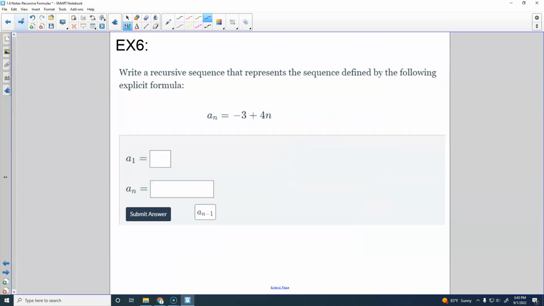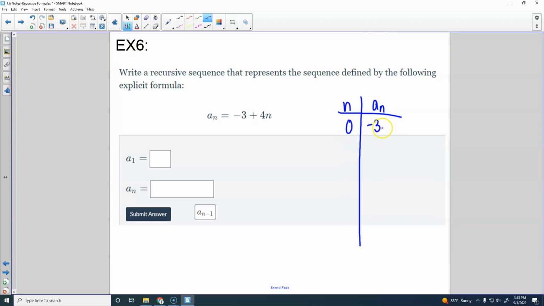For example 6, we have a linear equation. So we're going to do the same thing here. We're going to make us a table. We're going to say n and a sub n. If I plug in, technically you don't really have to plug in the 0 here, but I like to because it helps you see where those numbers come from. So if I plug in 0, negative 3 plus 4 times 0 would give me negative 3.